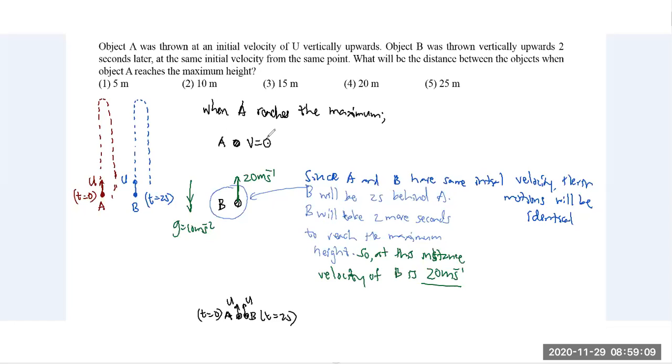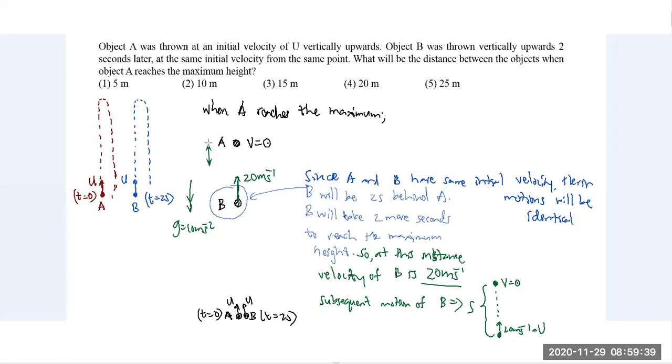If you consider this subsequent motion of B, B is here at 20 meters per second, and eventually it will reach the maximum height, where it will have a velocity of 0. So I'll take this as the initial velocity, and this height is what we need, S. That is the gap between A and B.